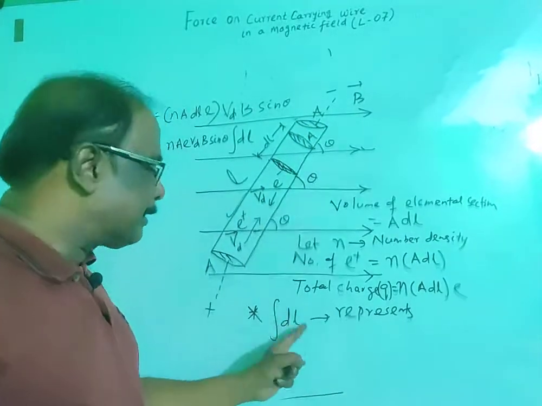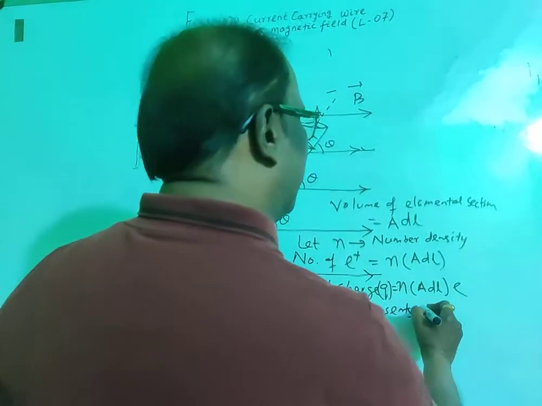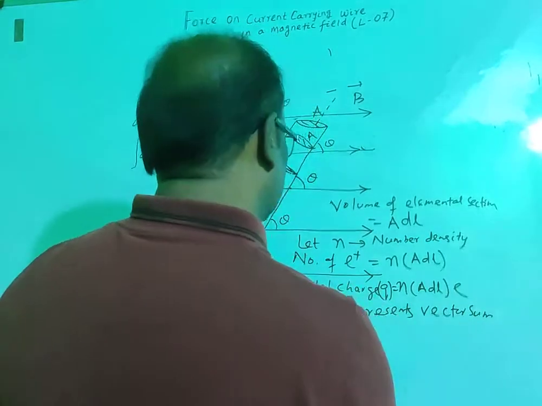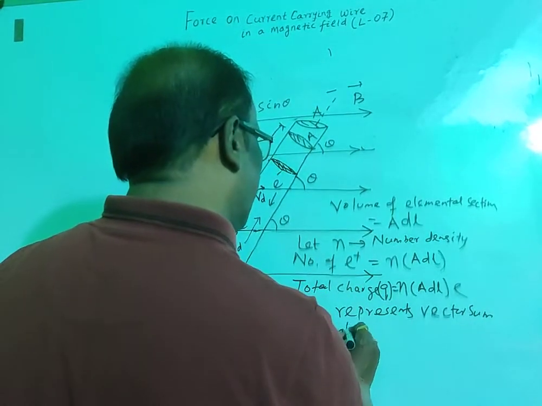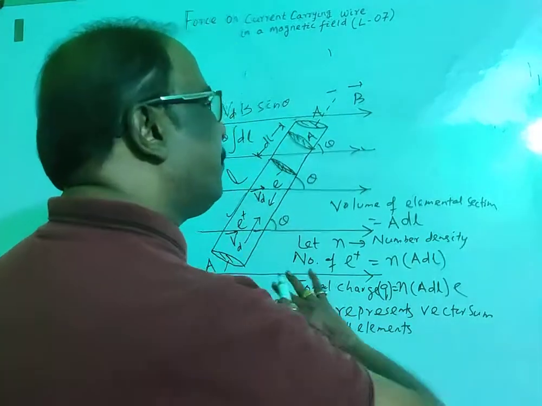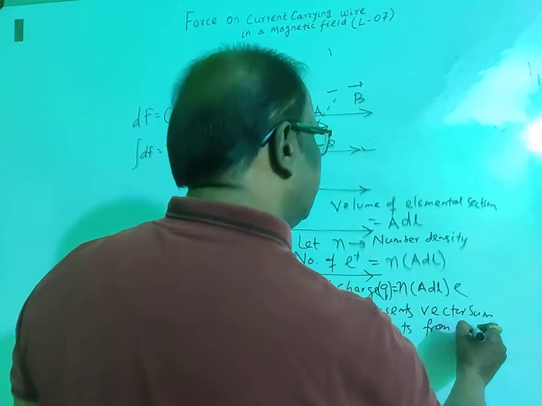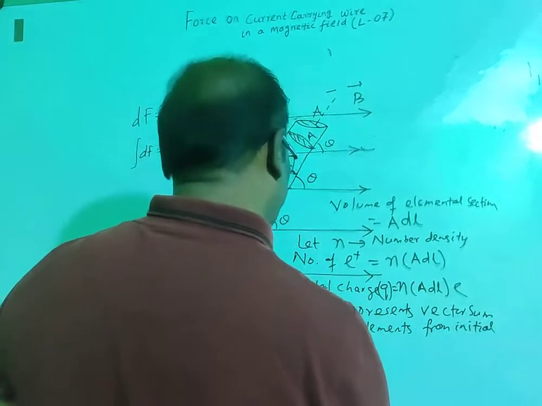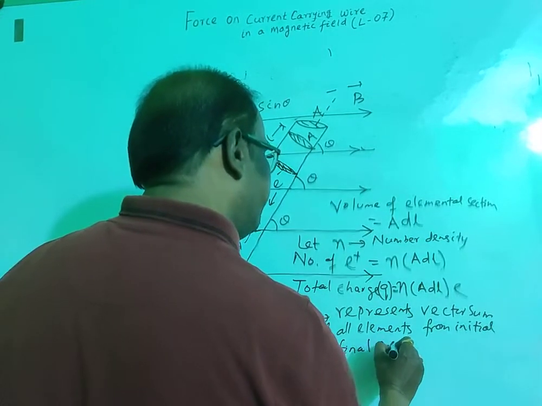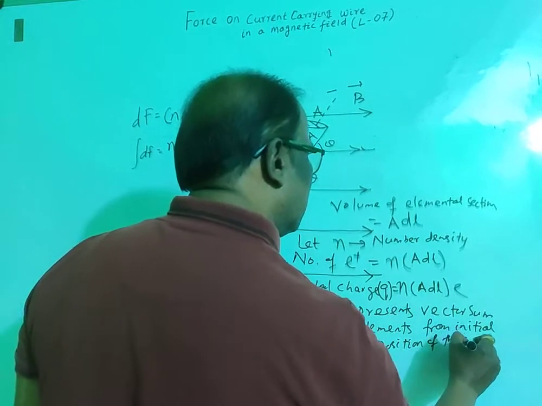Yes, this is correct, but the meaning is that integration of dl represents the vector sum of all elements from the initial to the final position of the conductor.